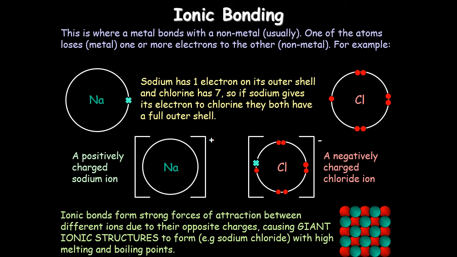The opposite charges attract one another. So the sodium and chlorine here would be attracted by strong forces due to the opposite charges. And these types of bonding tend to form what's known as giant ionic structures. For instance, our sodium chloride, the salt crystals, which have high melting and high boiling points.